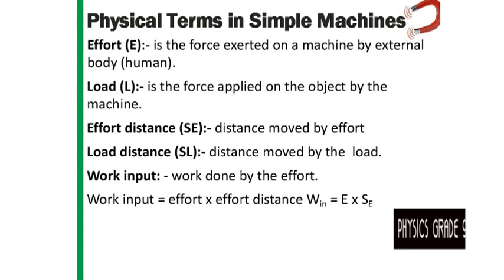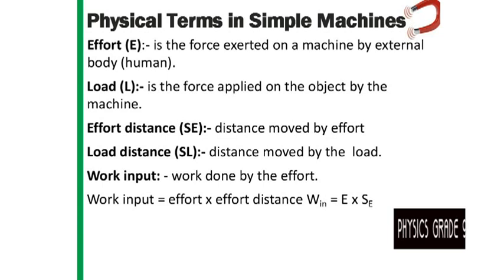So in many ways, work input, which is very similar to the work done, is going to be equal to the effort, which is equivalent to the force applied, multiplied by the effort distance, which would be equivalent to the distance moved by the object that the force has been applied to.